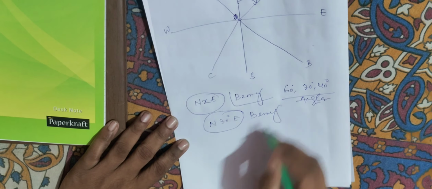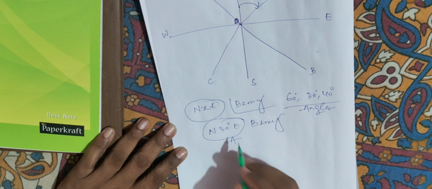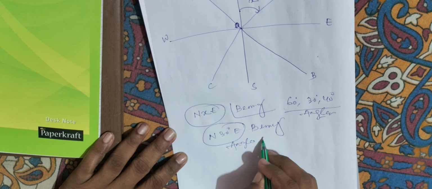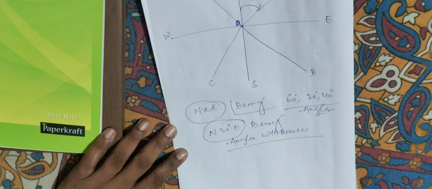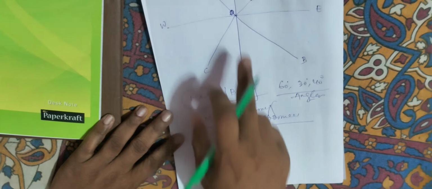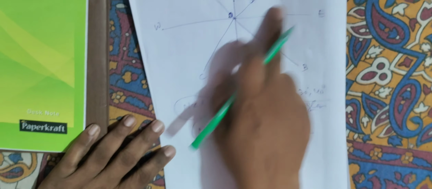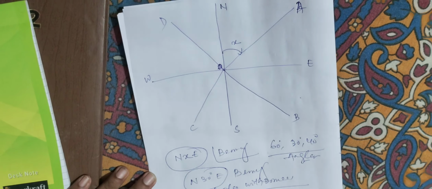So what does bearing mean? Angle with direction. Angle with direction, that is known as bearings. The bearings we may easily calculate in this compass survey.